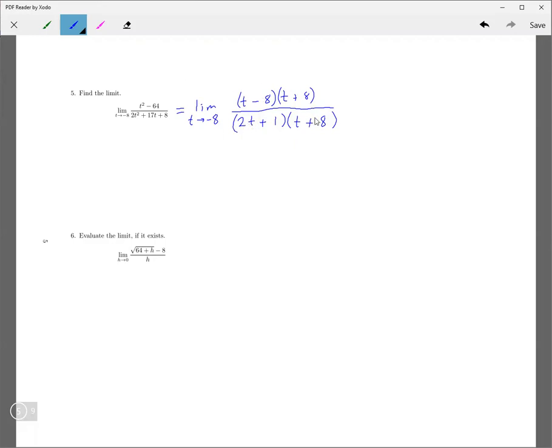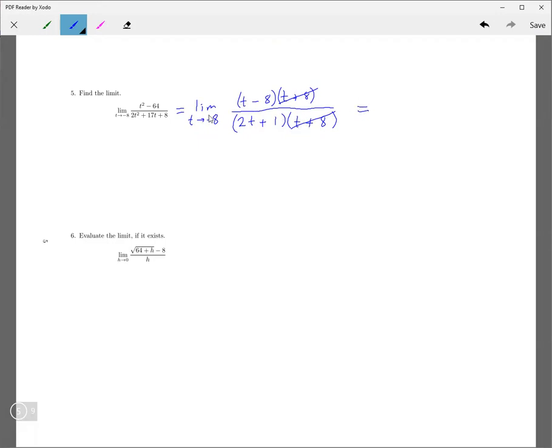Okay, and then these ones reduce off. Because we're taking the limit as t goes to -8, it doesn't matter what the value is at -8.